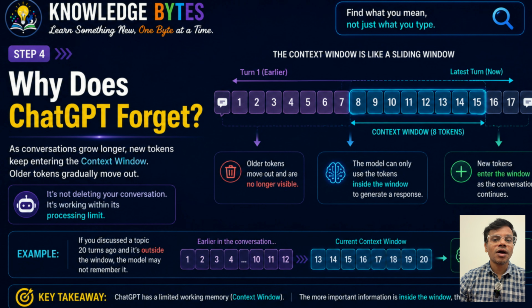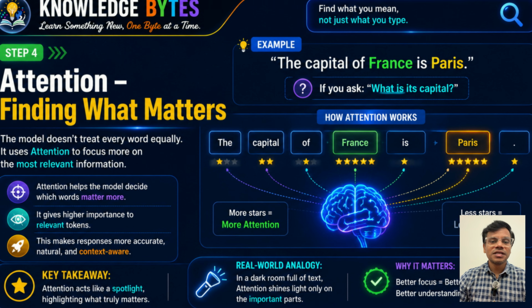Now the model knows what it can see. The next question is, how does it decide what to focus on? This is where one of the biggest breakthroughs in AI comes into play, that is attention. Remember our transformers episode? Attention is the mechanism that made transformers so powerful. Instead of treating every word equally, the model assigns more importance to the words that matter most.